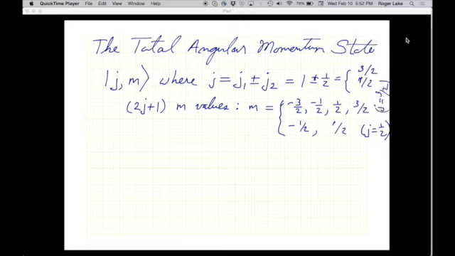We now need to transform from the direct product basis, which is what we've been using so far, into this new basis. And this goes back to the very first lecture on basis transformation. We have this |J1 M1, J2 M2>, and we want to write this as a linear combination of the |J M>s.